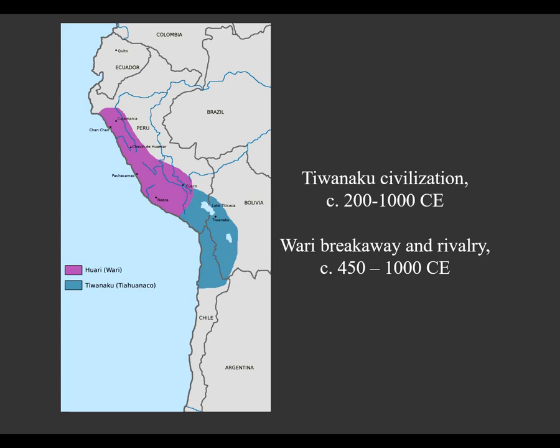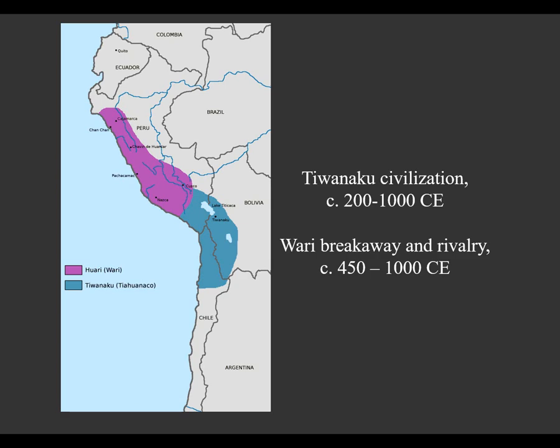We think their independence started somewhere around 450 CE, and would also last, interestingly, right around to 1000 CE. So both Wari and Tawanaku broke down and disappeared at 1000 CE. We don't know if that is happenstance or if they caused each other's collapse.